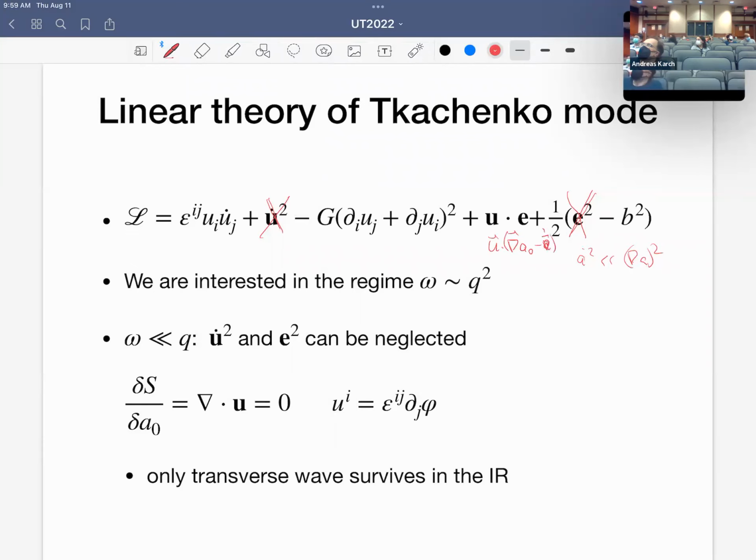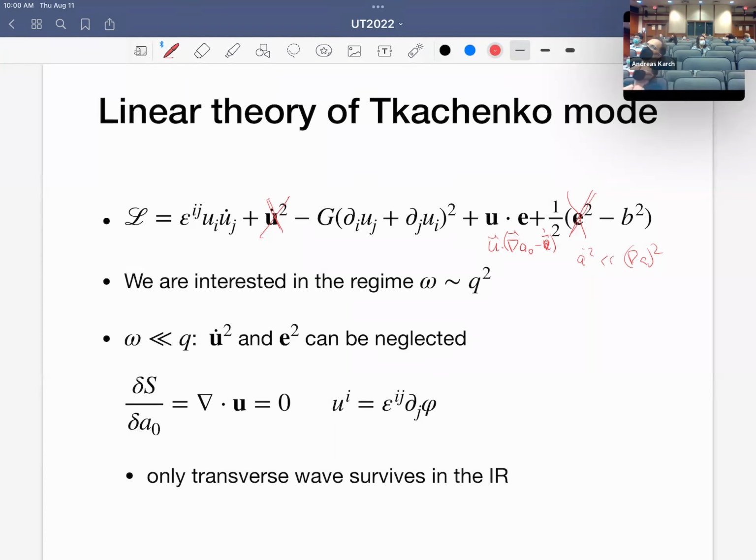Right? So differentiating with respect to A0, we find that the lattice displacement in the low energy limit has to be transverse. The longitudinal mode should be gapped out, should decouple from this low energy regime. So it has to correspond to something that has a dispersion that is not omega equal q squared.